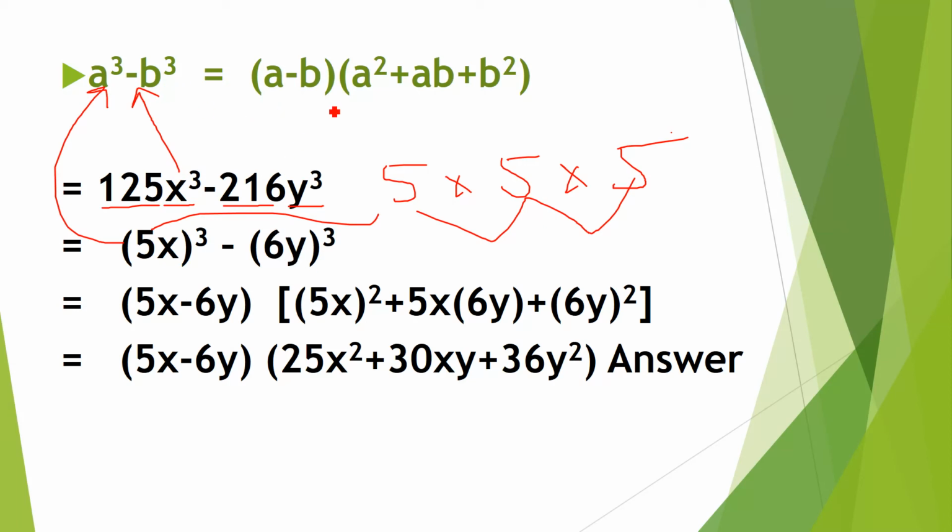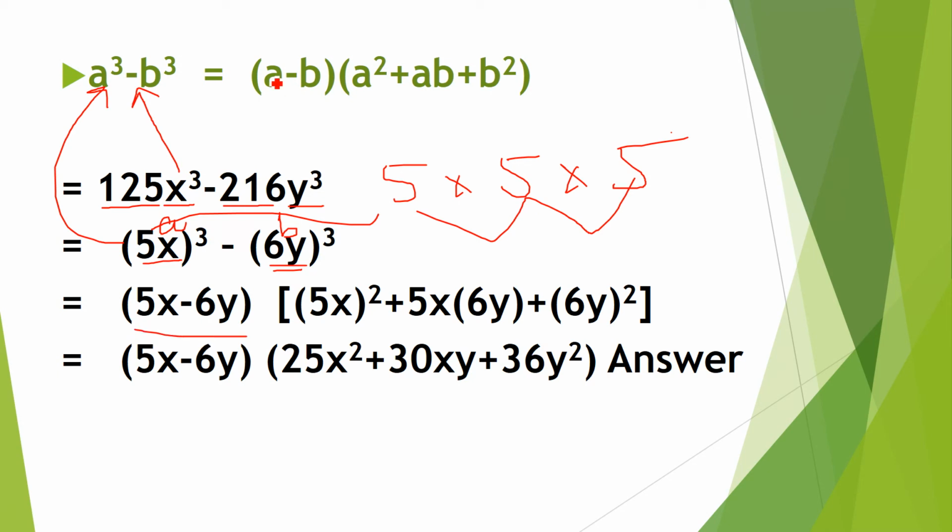Now you have to follow this formula. Wherever you see a in this formula, you have to write 5x. Wherever you see b, you have to write 6y, right? So first is a minus b, and a is 5x, minus b is 6y.